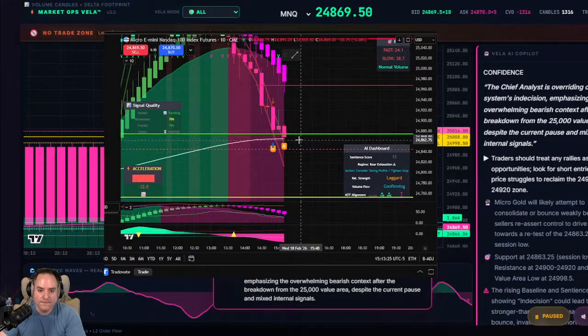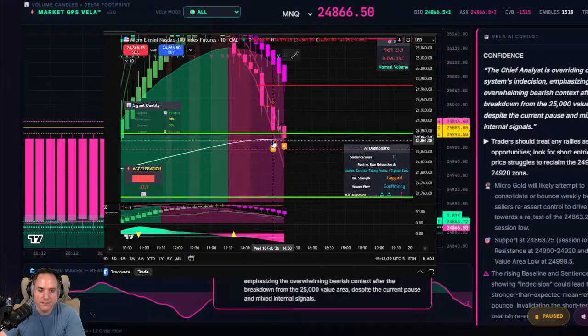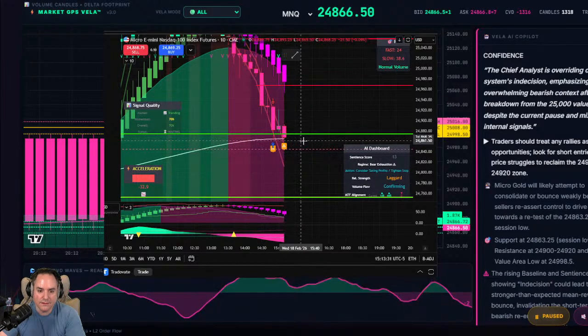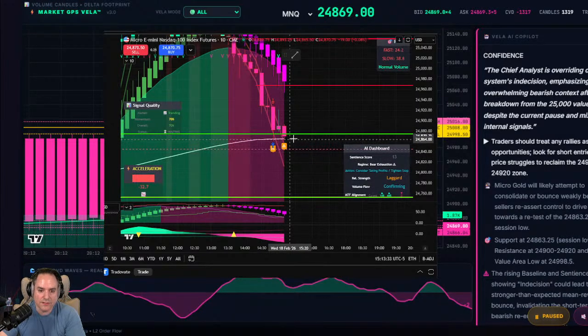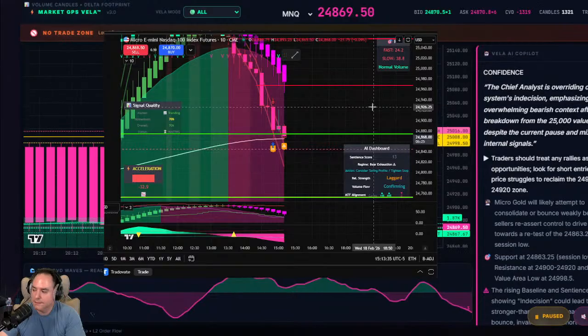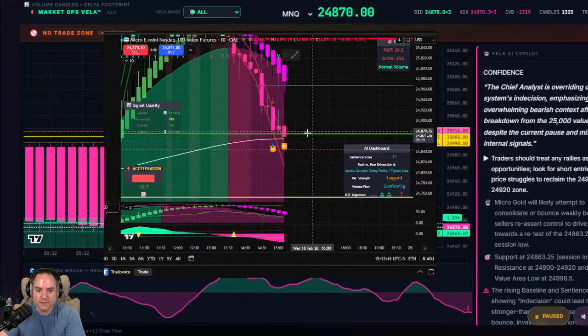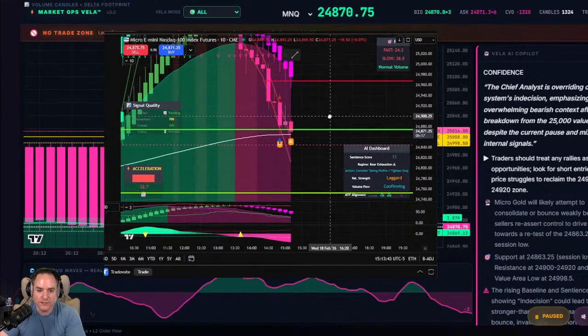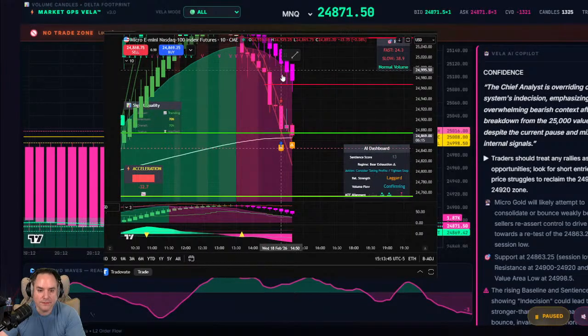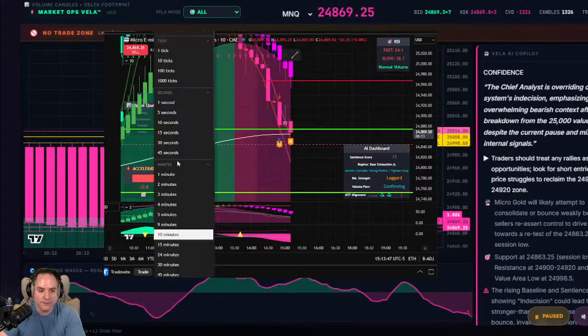So unless the aggressive buyers can come and knock it through this, we could be here in a consolidation for a little while. Just looking at the time here, we don't have much longer in the day's session. So we'll just have to see what happens, but I don't see any trade opportunity here.